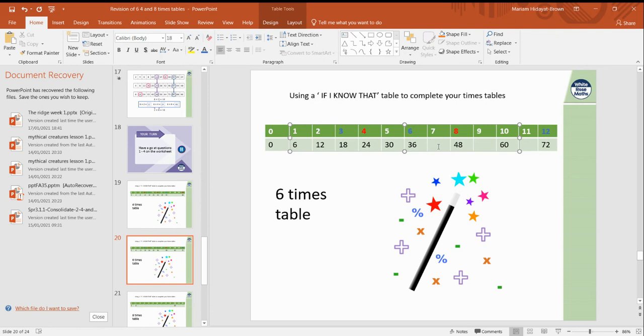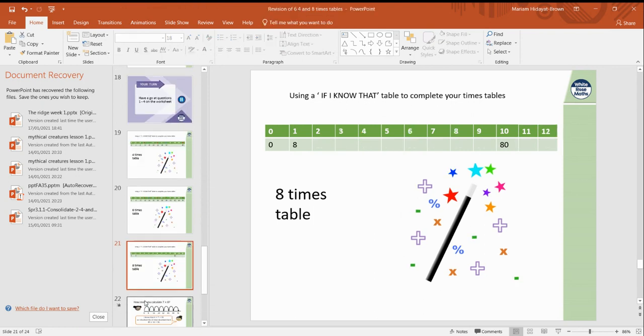So 36, 37, 38, 39, 40, 41, 42. That's given me 42 there. And I'm just going to add on 6 to 48: 48, 49, 50, 51, 52, 53, 54. Lovely. And hang on, I just know that 6 times 11 is always just going to be double the digits. So it's just going to be 66.